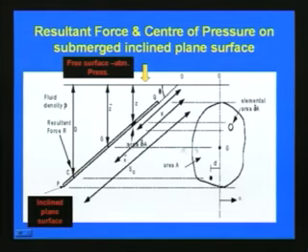The depth of this element is Z, as you can see in this slide, and the depth of the center of pressure from the top is Z bar, and the resultant force is R. In the next slide we will see how we can determine this resultant force. This inclined plane surface is inclined at angle theta, as shown in this slide.